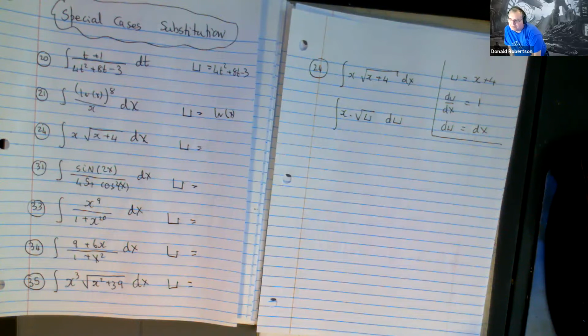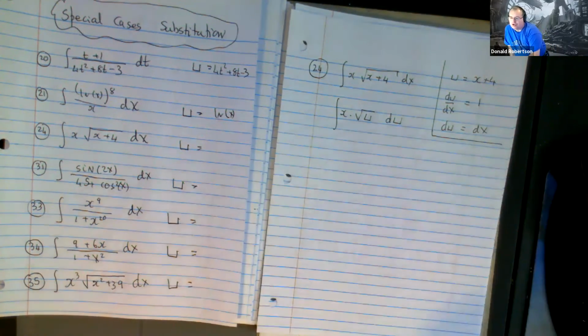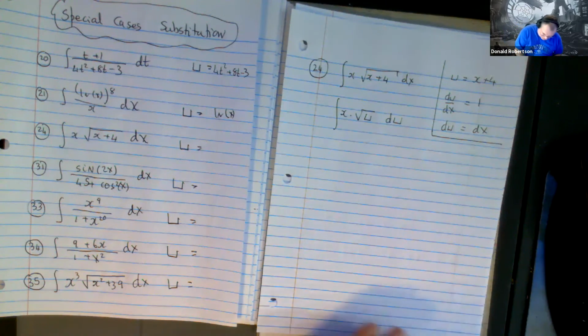And 99% of the time you're right. You did choose the wrong U sub. But 1% of the time, the special cases, as this one is, you have not chosen the wrong U sub. You just have to figure a way of making that X turn into a U. U minus 4.